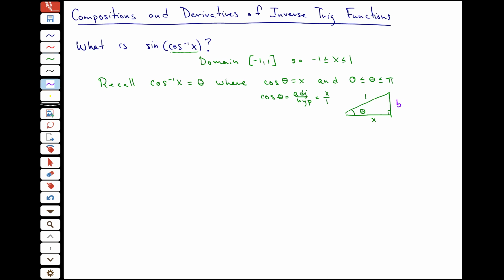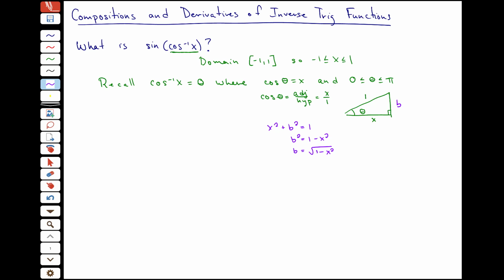And now what we know about this third side of the triangle is the Pythagorean theorem. So we know that x squared plus this third side b squared has to be equal to 1. So b squared is 1 minus x squared, and b has to be technically either plus or minus the square root of 1 minus x squared.